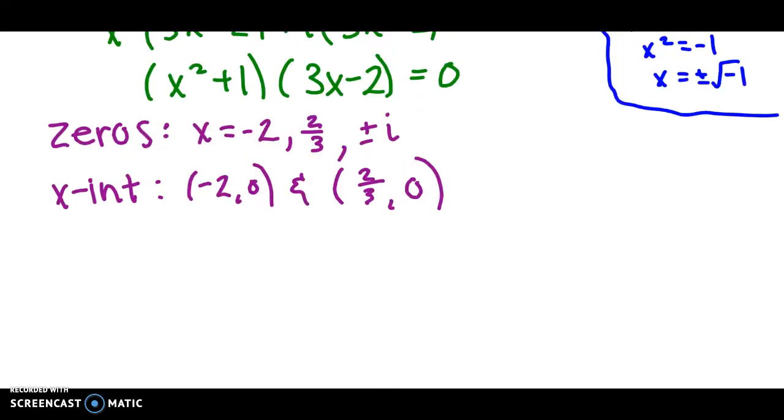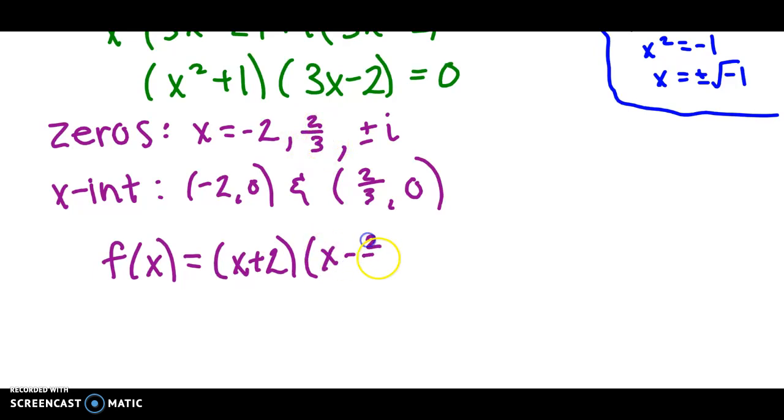The last thing that we were asked to do, if you look back at the directions, was to write the polynomial as a product of linear factors. So f of x equals, the linear factor of this zero would be x plus 2. The linear factor of 2/3 would be x minus 2/3, or you could have written it as 3x minus 2.